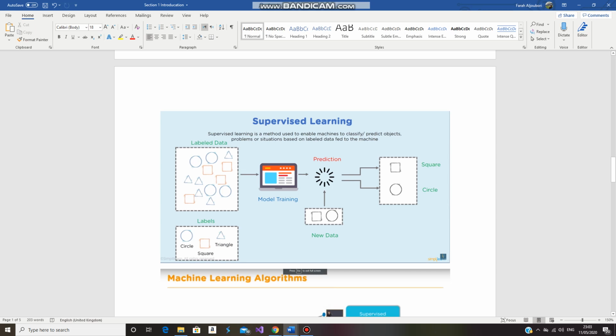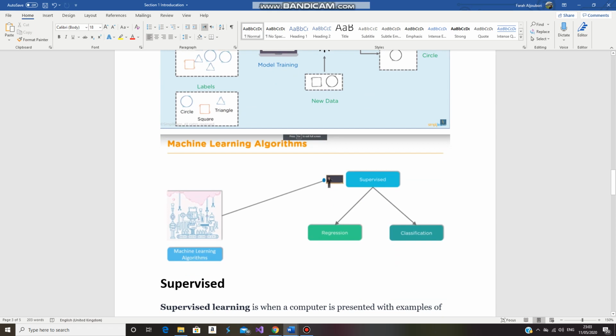And because it's labeled, that's called supervised learning. Supervised learning can be classification or regression. We will cover classification and regression in the coming videos.